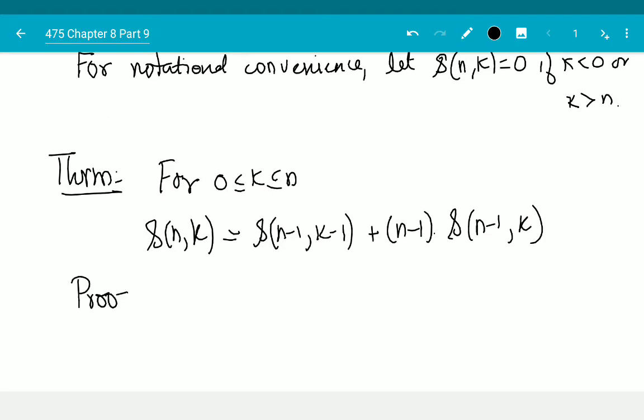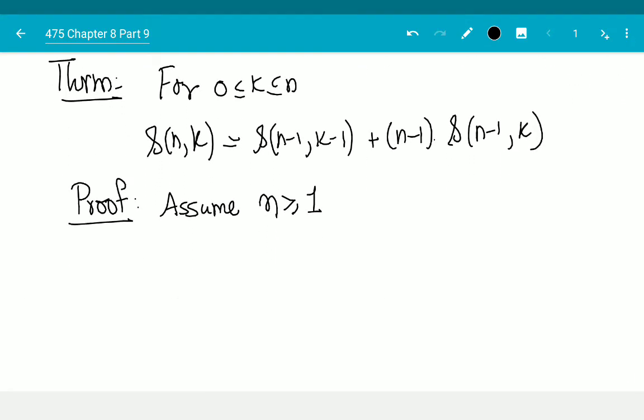And proof: assume n greater than or equal to 1, otherwise it's trivial. Once again, if you do it for 0, s(n minus 1) is 0, n minus 1 is negative 1. Those do not make sense, so you get that it is all equal to 0. Well, you don't get anything substantial.